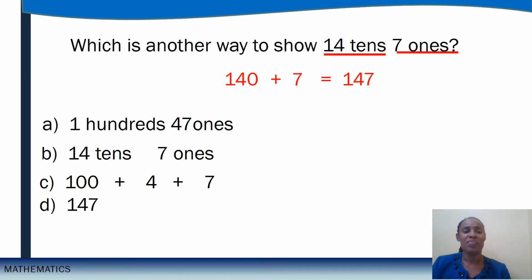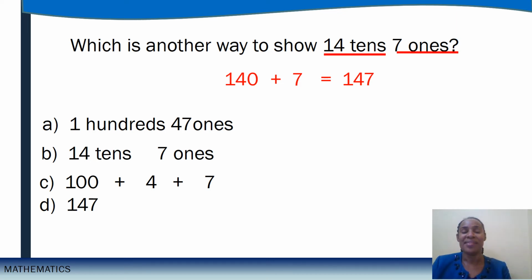Now let's look at B. B says 14 tens, 7 ones. Is that the same as 147? Yes, I can hear you saying it is the same as what we have in the question. So you got that one.